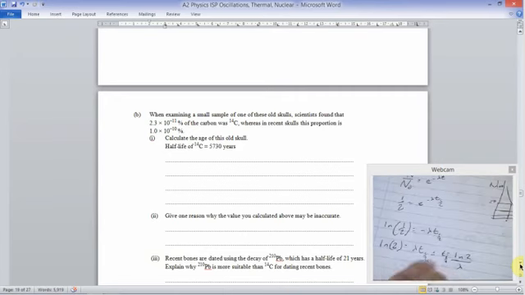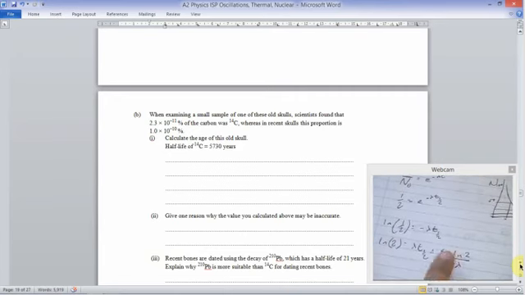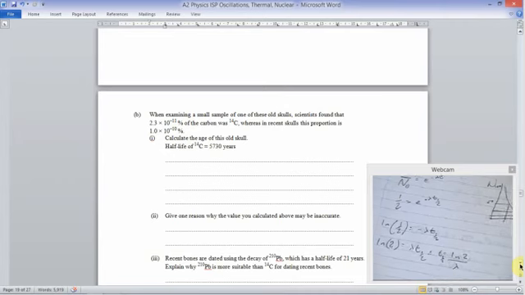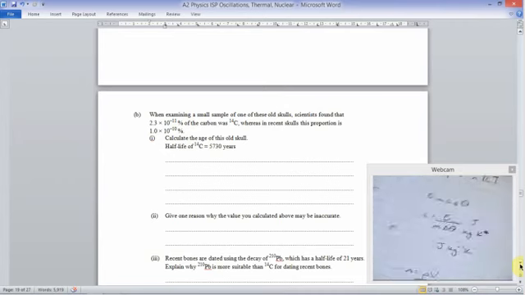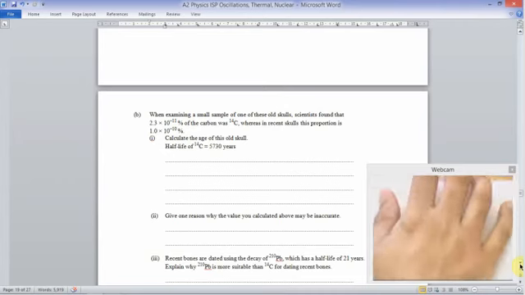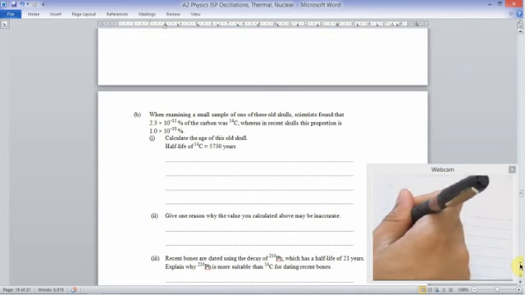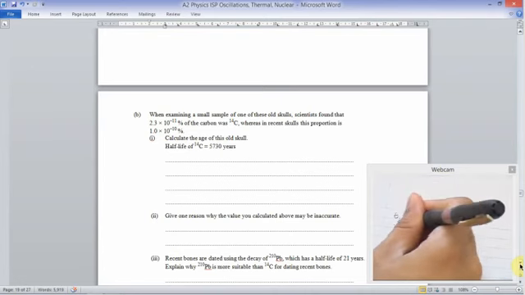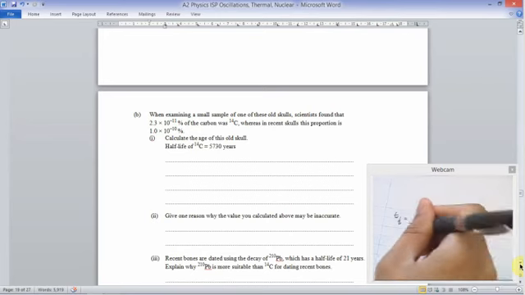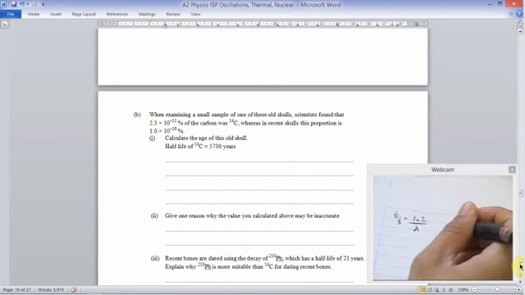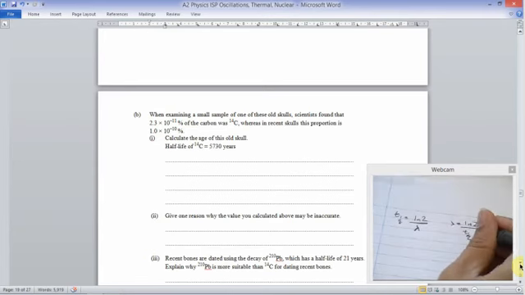But we know that we can rearrange this expression to figure out lambda from half-life. Let's work through this step by step. T half is equal to ln 2 over lambda, so natural log 2 over lambda. So lambda is therefore equal to natural log of 2 over the half-life. That gives us our half-life value.